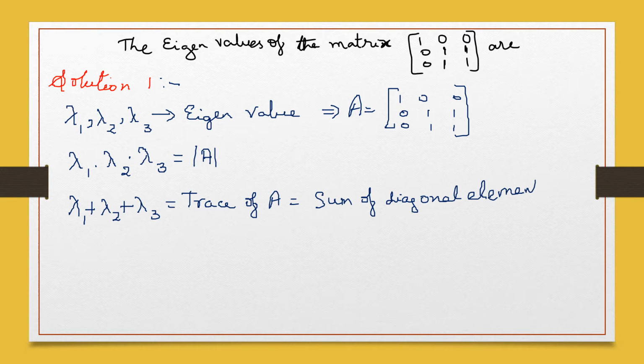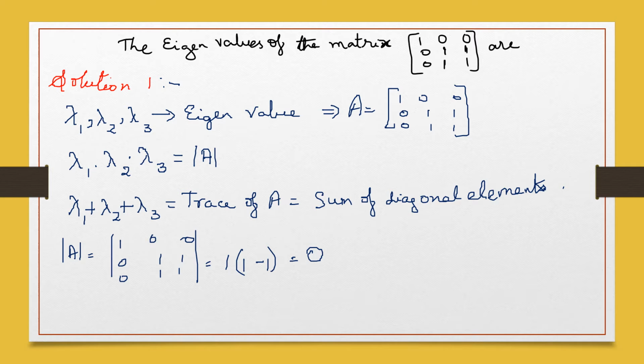So here first I am finding the determinant of A. Determinant of A is 1 0 0, 0 1 1 and 0 1 1. So the determinant will be 1, ignoring the first row and first column, 1 into (1 into 1 minus 1), and the other terms will be 0. So determinant of A is 0.